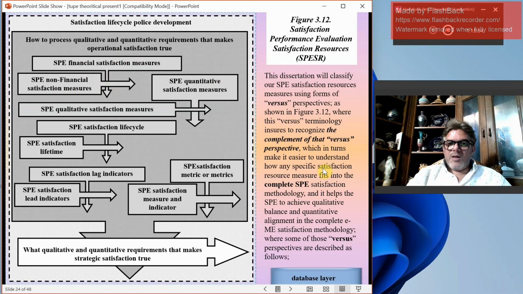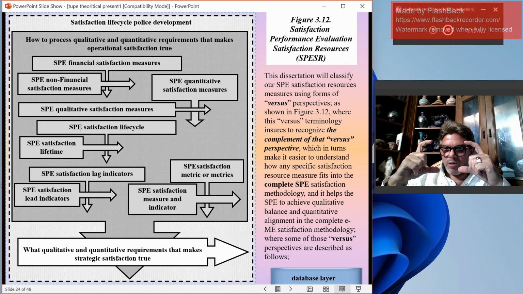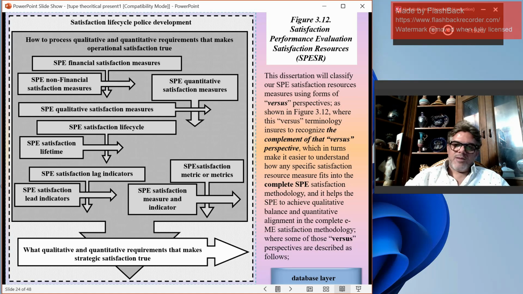So, to represent the whole environment, I'm going to have the variable or the lifetime and its complement, so I can see the whole life cycle.